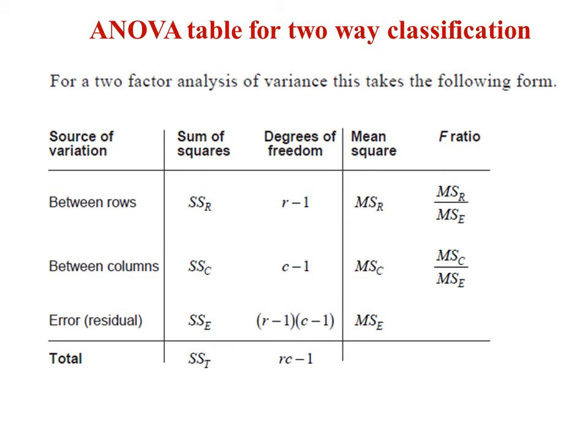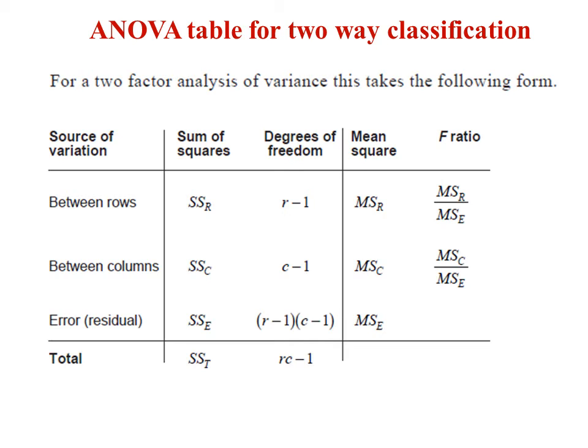Now, what is the table? The ANOVA table for two-way classification. For a two-factor analysis of variance, this takes the following form. Again, the source of variance: between rows, between columns and error.